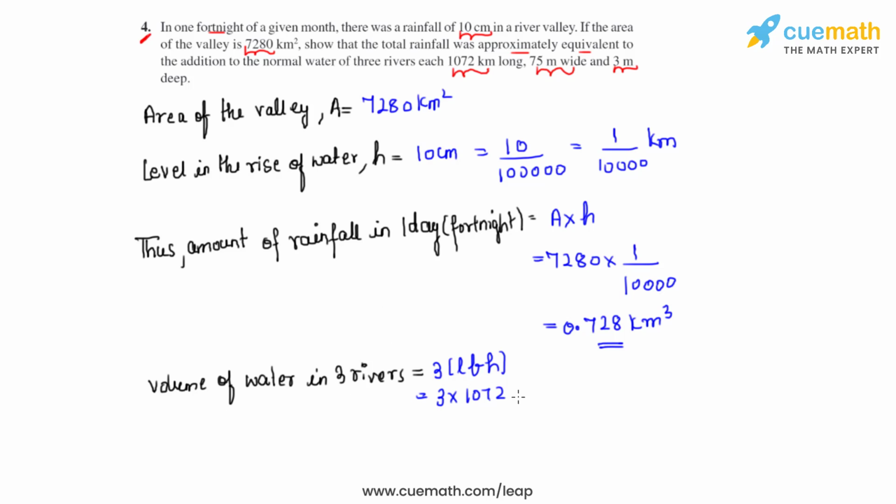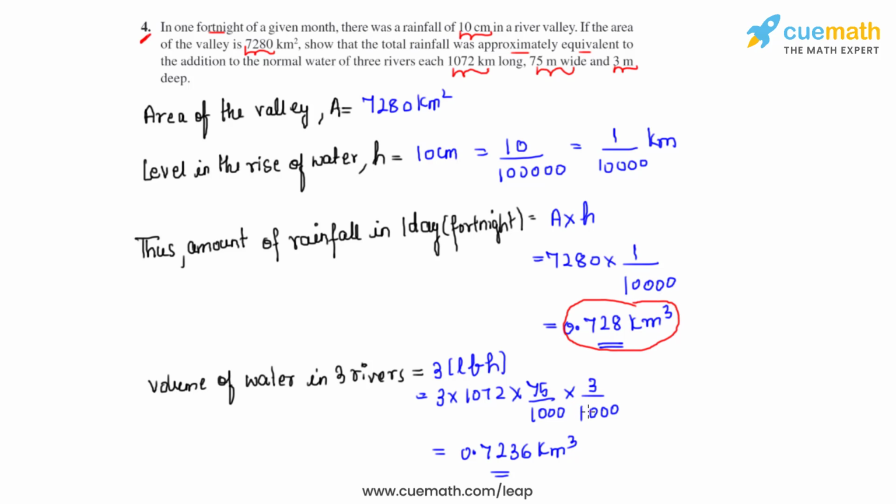The width has been given in meters, so we'll convert that into kilometers. So 75 divided by 1000, times 3 meters is the depth, so we'll again convert that into kilometers. So 3 divided by 1000, and that gives us the volume of the 3 rivers as 0.7236 kilometer cube.